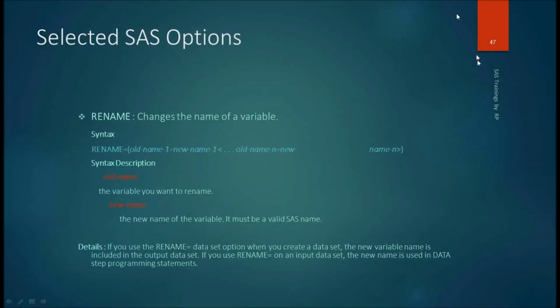For instance, I have taken one option called the rename option. The rename option will change the variable name. The syntax is rename followed by equal to, and the variable old name equal to new name. By using the rename dataset option, you can change more than one variable name in the same data statement.